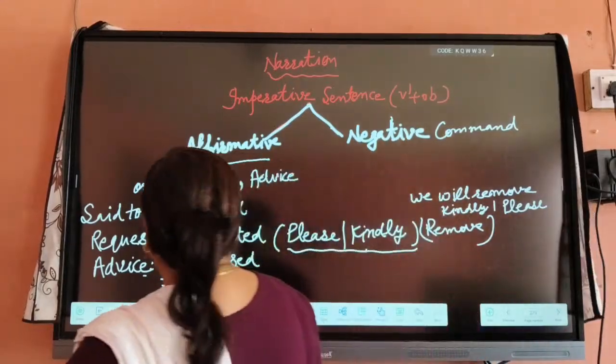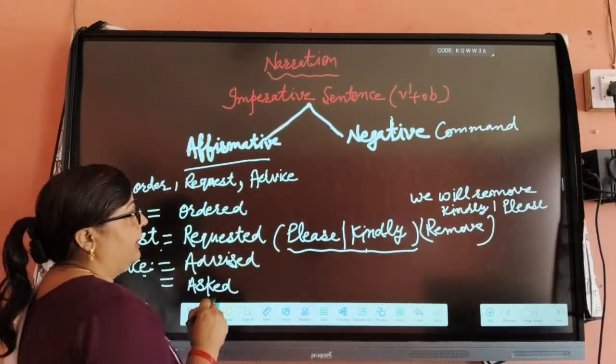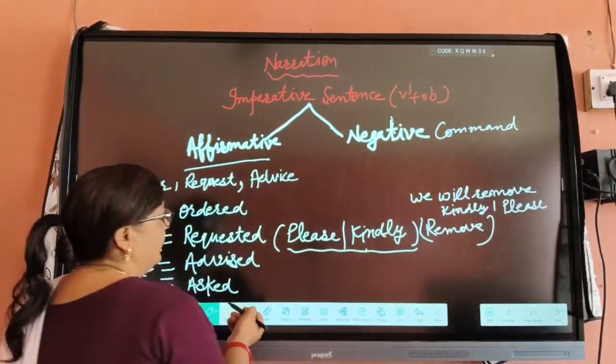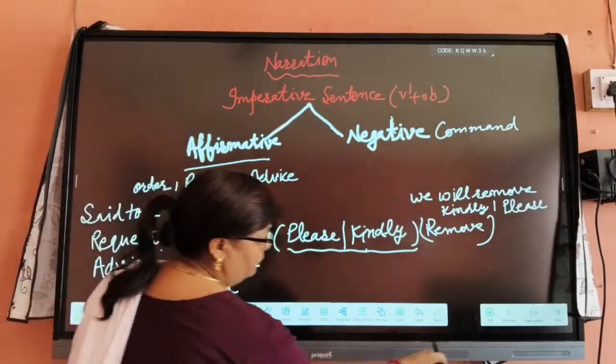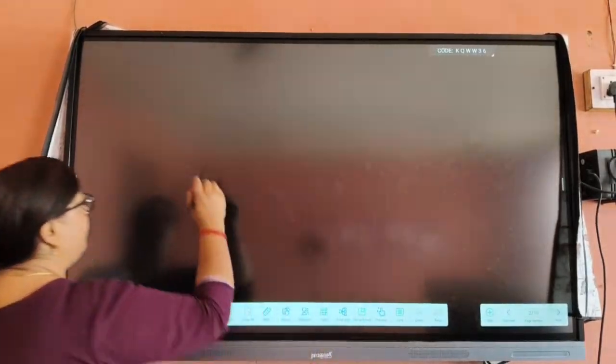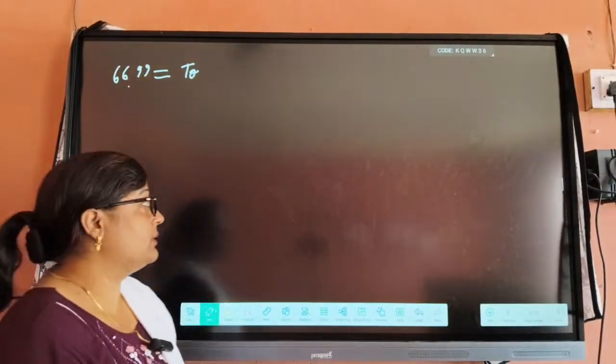In this way, we will change our narration. And the second thing: when we remove inverted commas, then in place of inverted commas, we will use to, when we are going to change narration of imperative sentence.